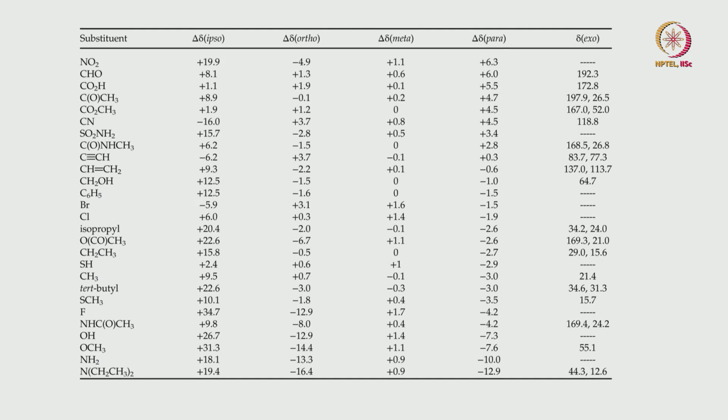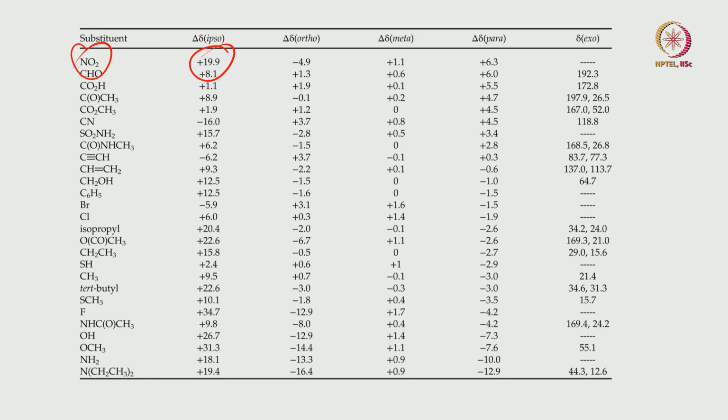Take for example, this is a table where we have NO2 here. Remember when I was telling you, I was trying to predict some of the couplings, some of the chemical shifts in the substituted benzenes in the proton spectrum.